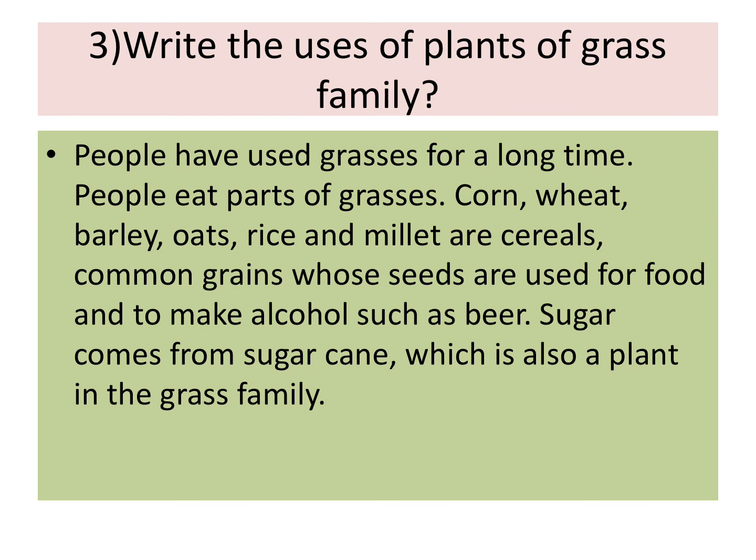Corn, wheat, barley, oats, rice, and millet or cereals. Common grains whose seeds are used for food and to make alcohol, such as beer. Sugar comes from sugarcane, which is also a plant in the grass family.